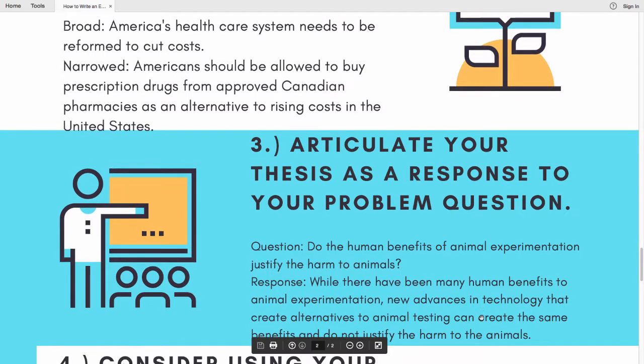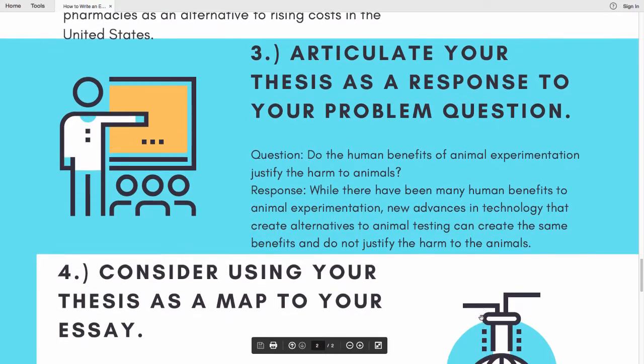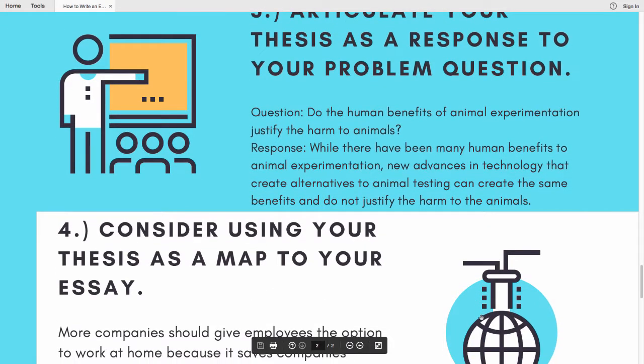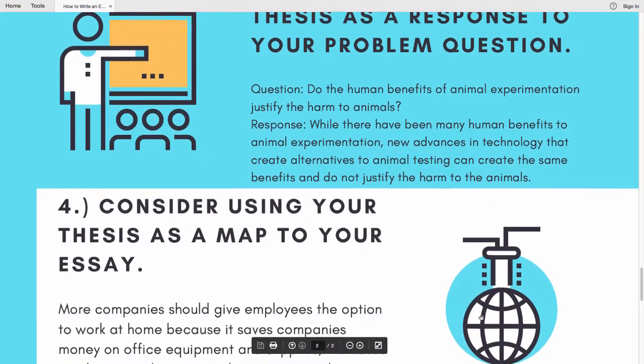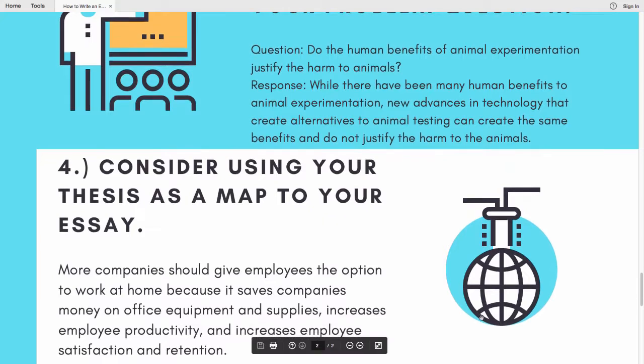Number 3, articulate your thesis as a response to your problem question. So here's a problem question that I came up with that I've had students write about, and then a potential response that a student might have in response. So this is a problem-driven question, and then the response is the thesis, but it directly answers the question. Do the human benefits of animal experimentation justify the harm to animals?